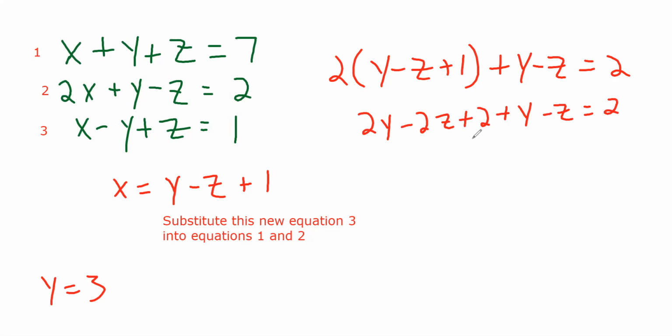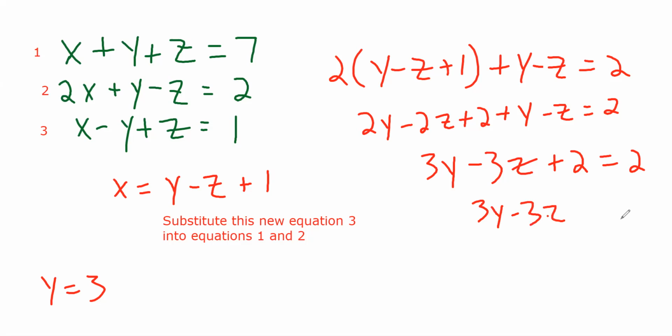Combine like terms, I'll end up with 3y minus 3z plus 2 equals 2. And then I can move the 2 over to the other side, which coincidentally is going to just give me 0. So this is what equation 2 has become after I did that substitution.